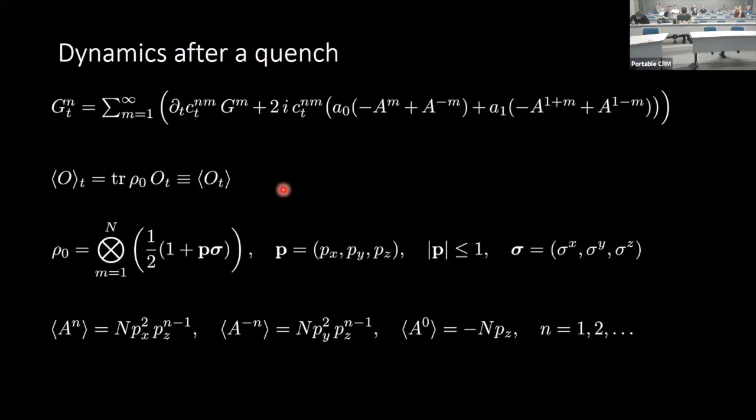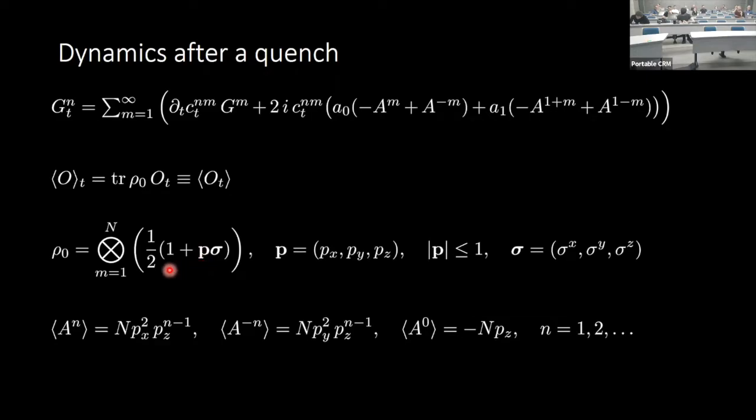And of course, we can get an expression for An of t, but it is just quite bulky. Now, when we know an explicit form of the Heisenberg operator, we wish to explore dynamics after some particular quench. That is, after preparing and initializing the system in some particular initial state. As an example, we take this initial state, which is a state of uncorrelated polarized spins with the polarization p.